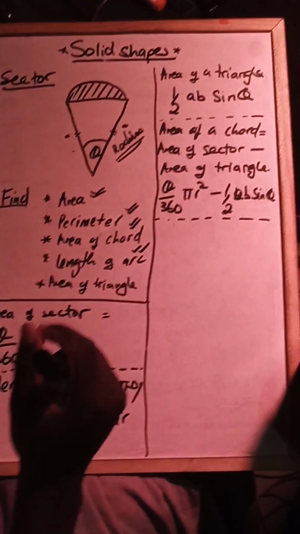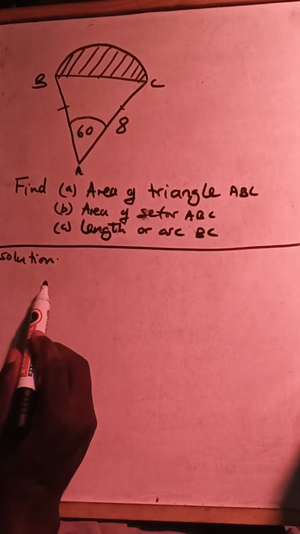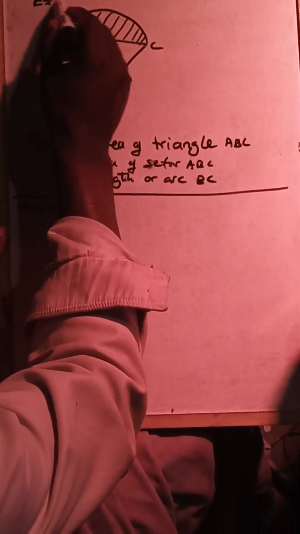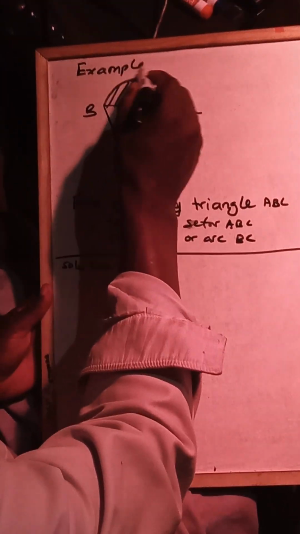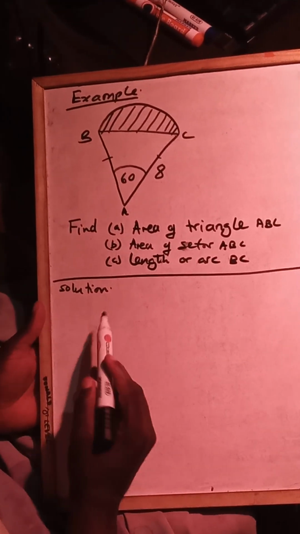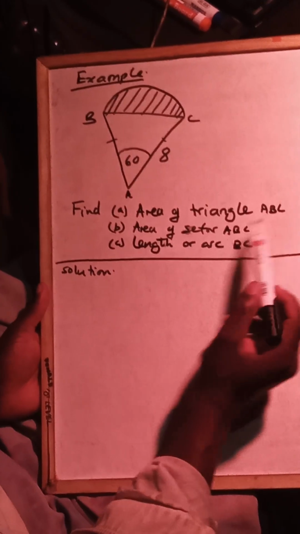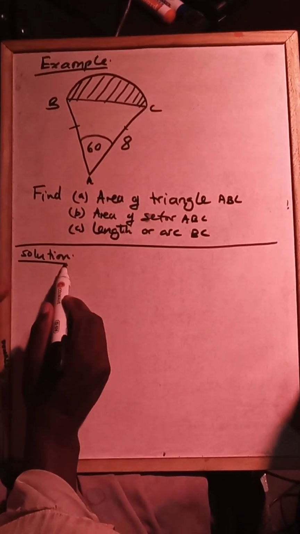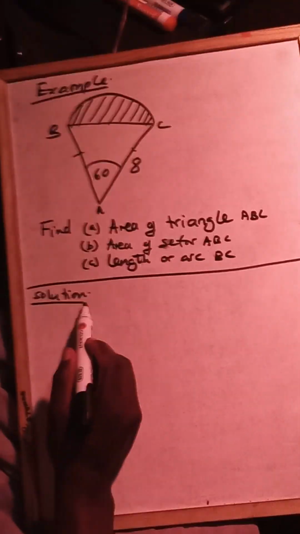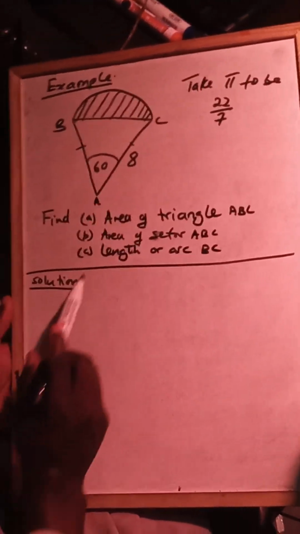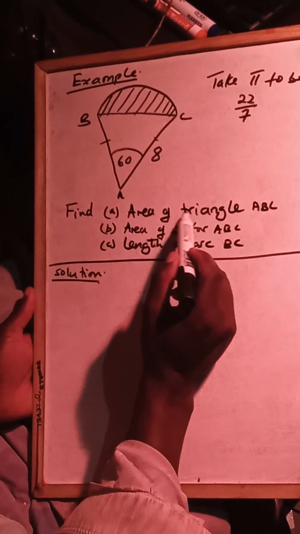We have a sector here as our example, and here we are asked to find, number one, area of a triangle.